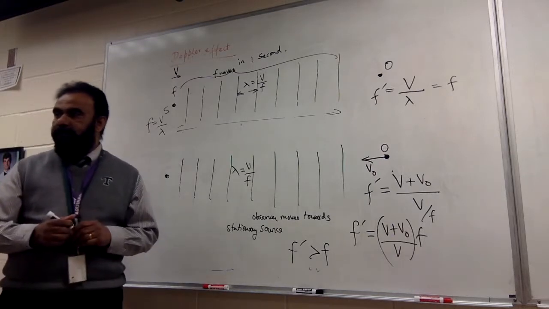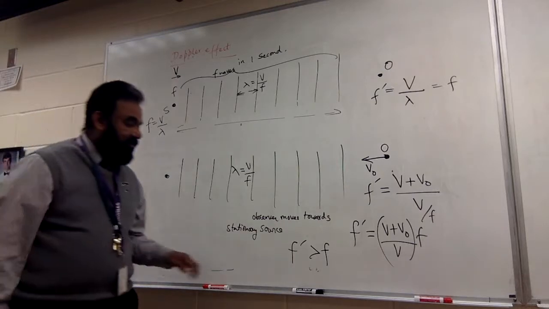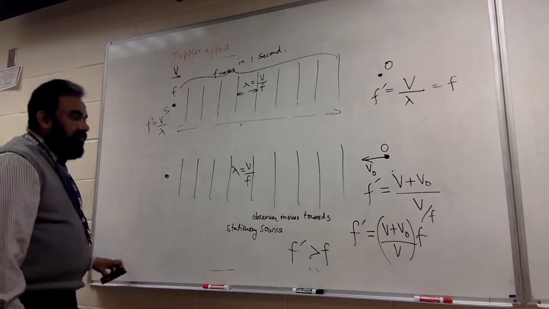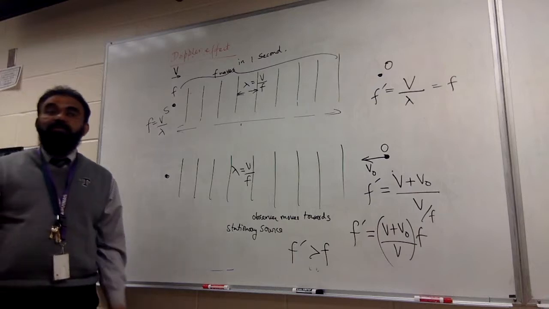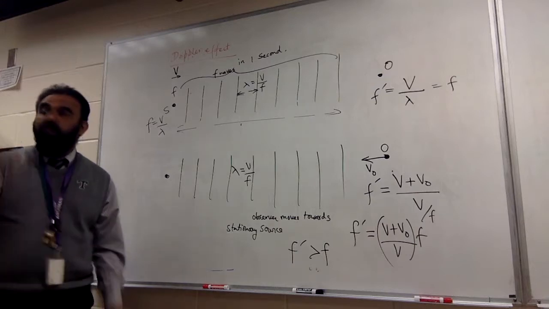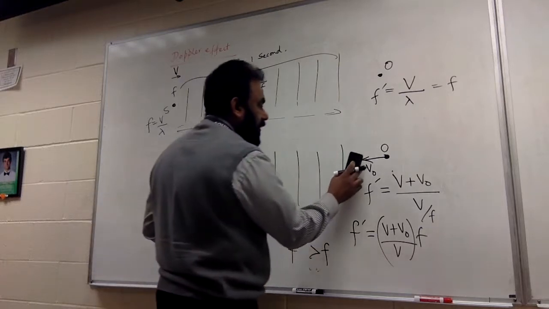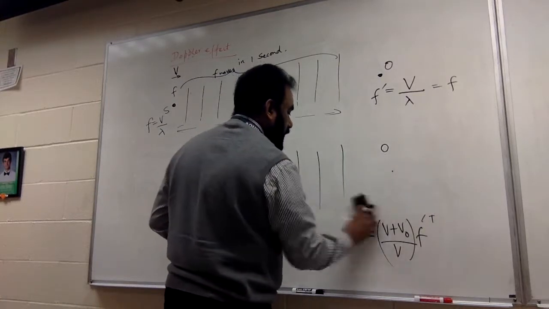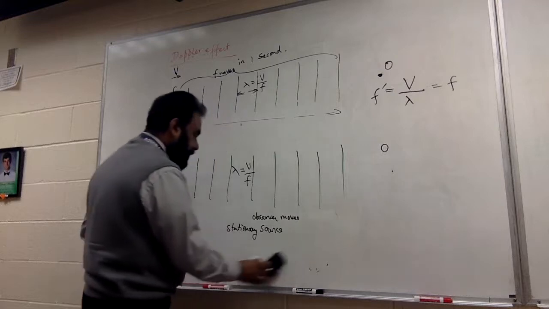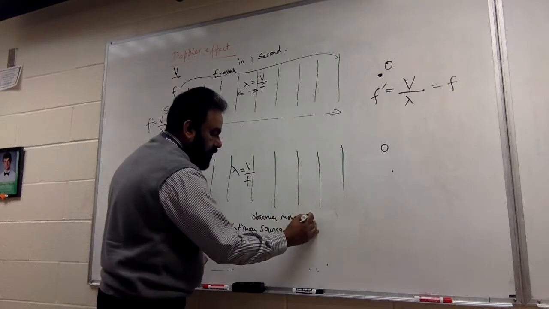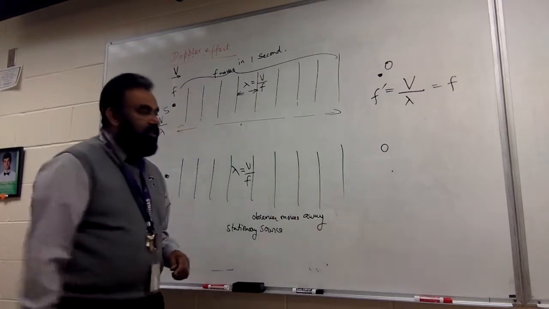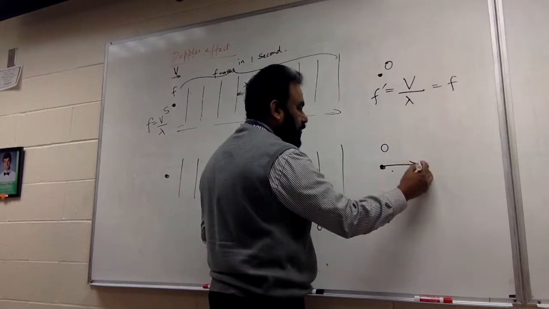Okay? Now for the last one. The last one, the observer is going to go away. So the observer is going to go this way at V_O.